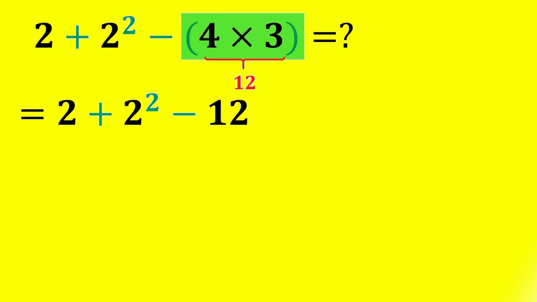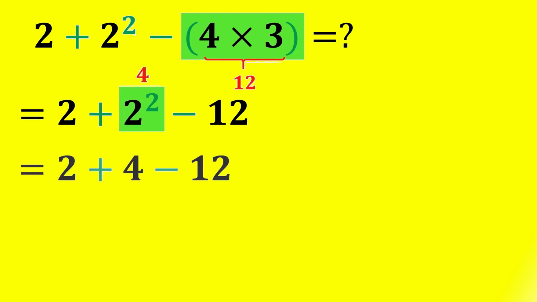Next, we handle the exponent. 2 squared means 2 times 2, which gives 4. So now we have 2 plus 4 minus 12. Let's do the addition first. 2 plus 4 equals 6. Then 6 minus 12 equals negative 6. So, the correct answer is negative 6.